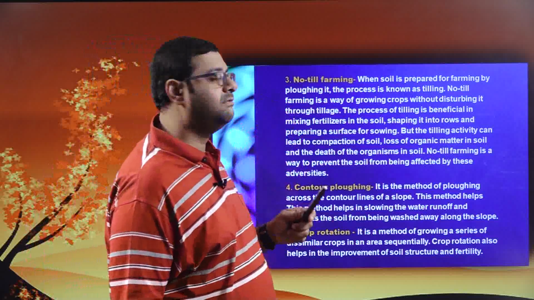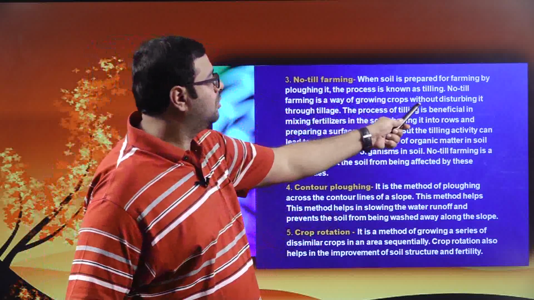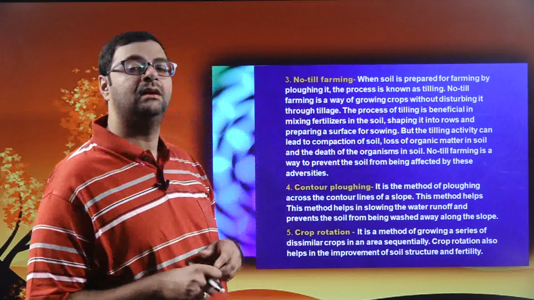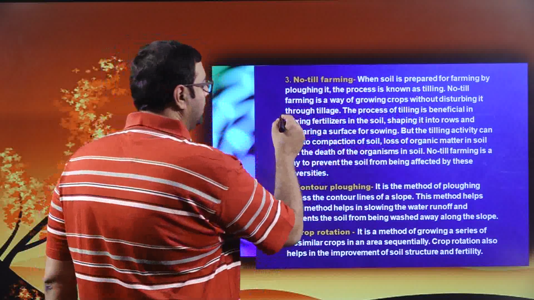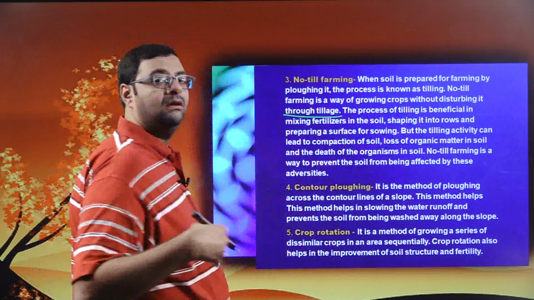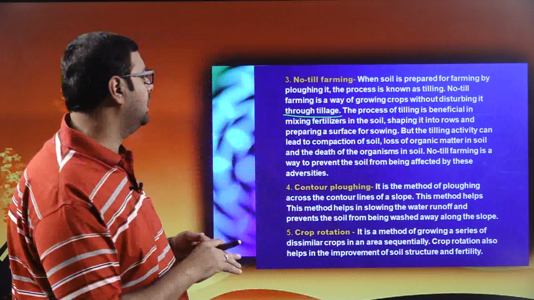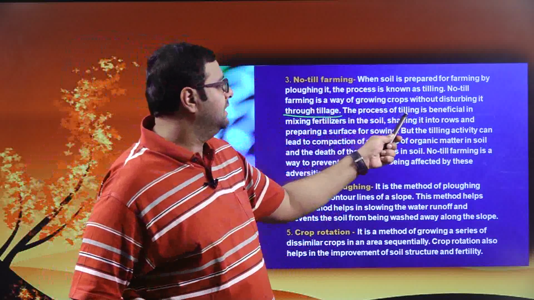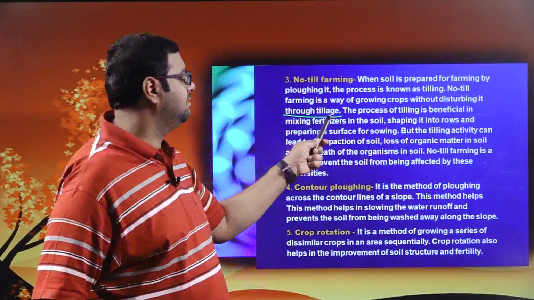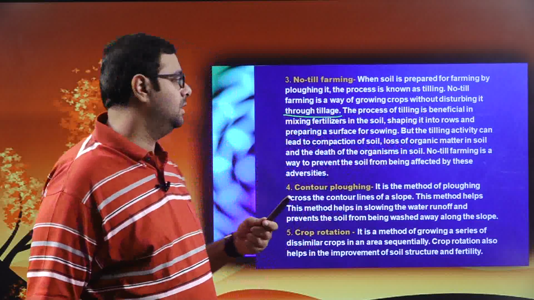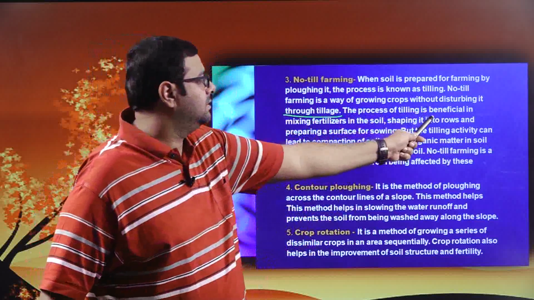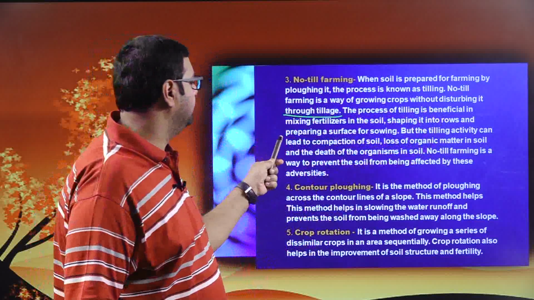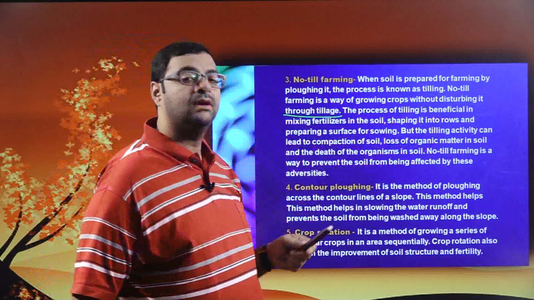Now non-till farming is a way of growing crops without disturbing the soil through tillage. So it is a way of growing crops without plowing the soil again. Now the process of tilling is beneficial in mixing fertilizers in the soil, shaping it into rows and preparing a surface for sowing.